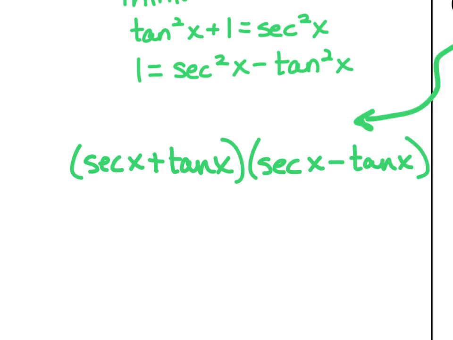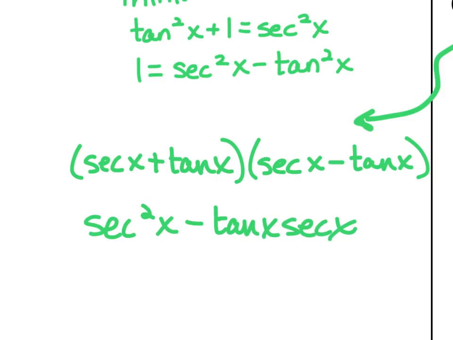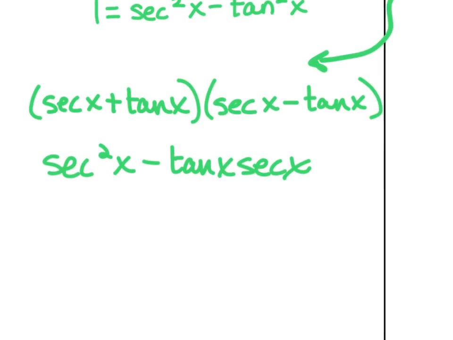So to FOIL, I want to multiply my firsts. That's secant times secant, so secant squared. My outsides, well, that's negative tangent times secant, so that's negative tangent secant. And then my insides, which is positive tangent times secant, which is positive tangent of x secant of x.